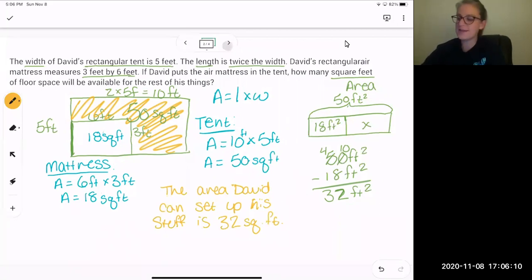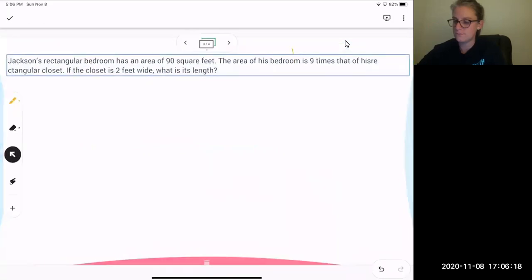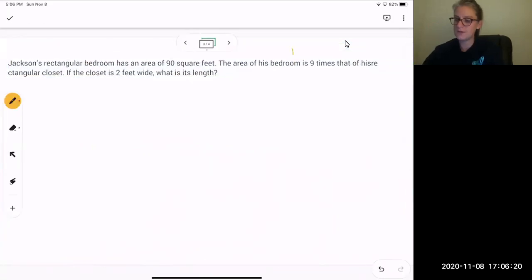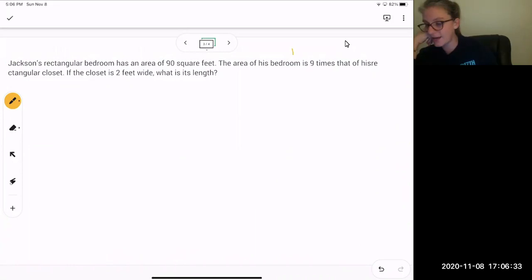Okay, let's do one last question. Okay, this says Jackson's rectangular bedroom has an area of 90 square feet. The area of his bedroom is 9 times that of his, ooh, this sentence got messed up.